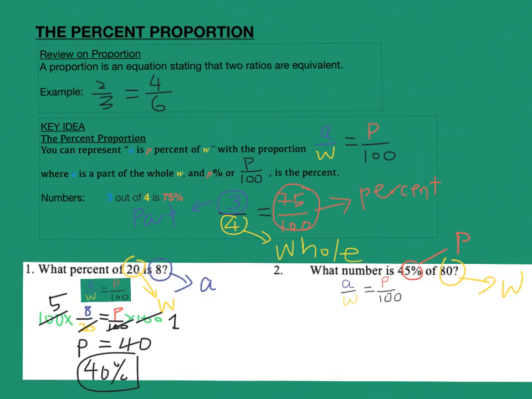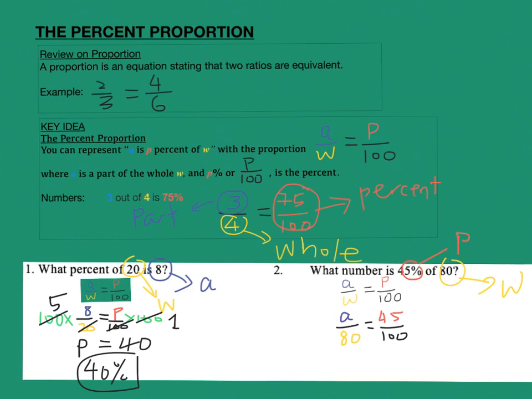So you are now solving for A. So A over 80, we are now substituting the values into the variables, equals 45 over 100.